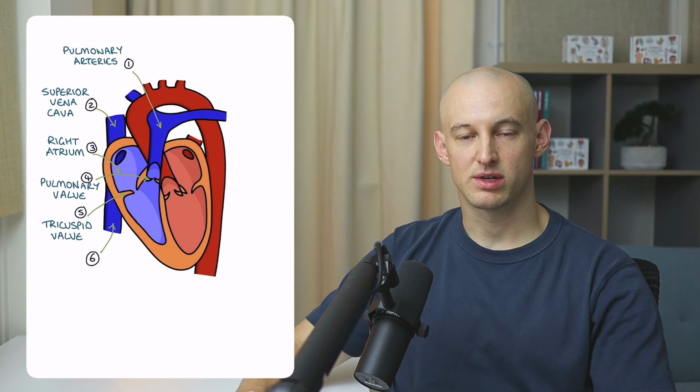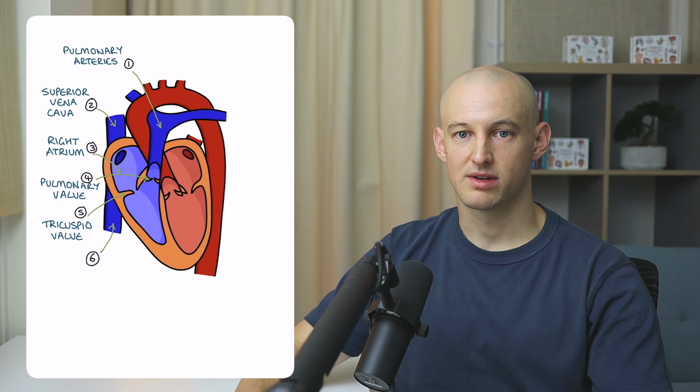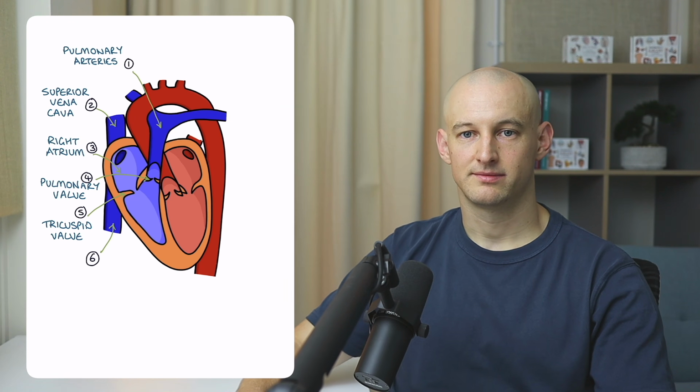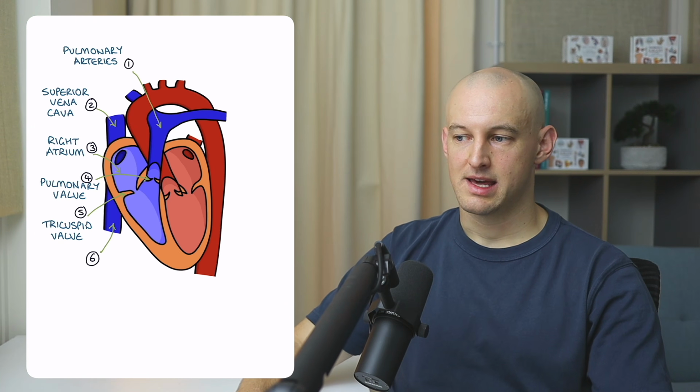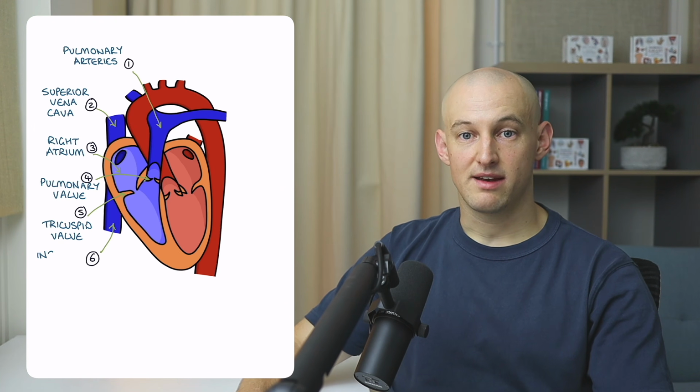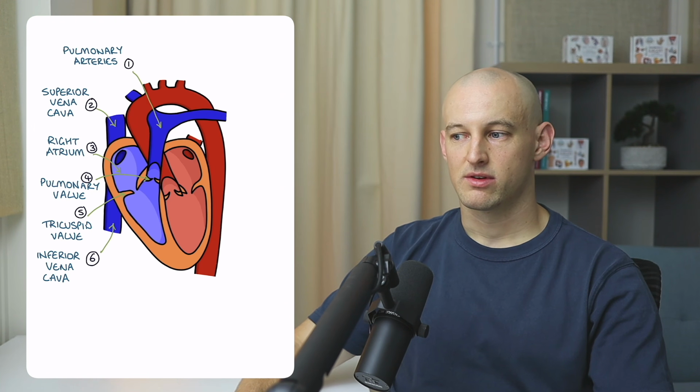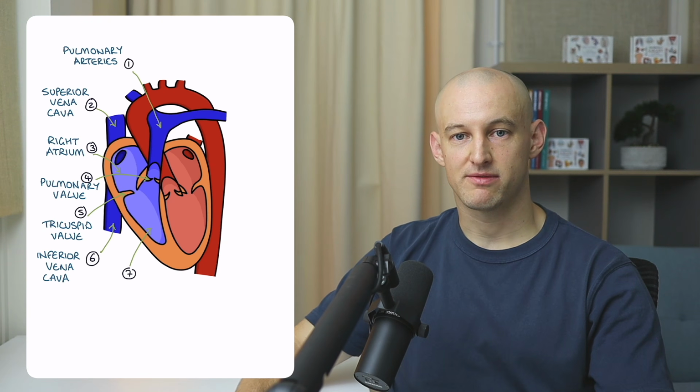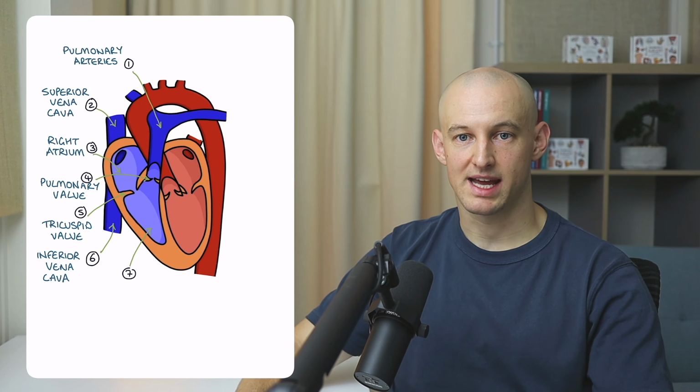Question 6. What's the name of this blood vessel going into the heart? This is the inferior vena cava. Question 7. What's the name of this chamber at the bottom right-hand side of the heart?